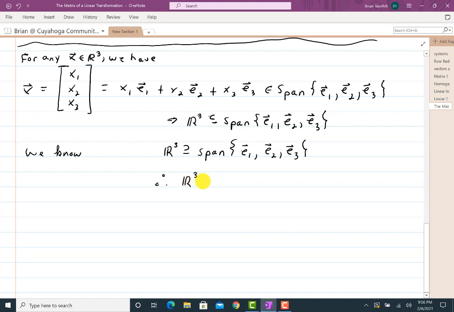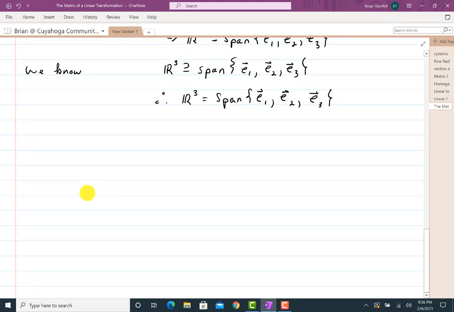So we can make the equation: R3 is equal to that span. And in general, R to the n will equal the span of E1, E2, up to En. In those cases, we'll change the definition only slightly for the Eis, just so they have more entries so that they can be in different places like R3, R4, all the way up to Rn, whatever that may be.